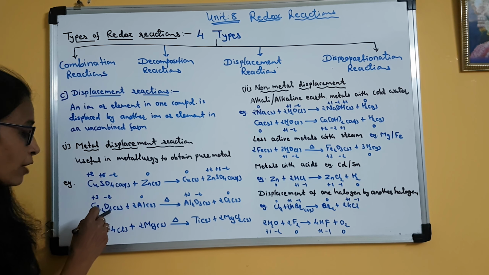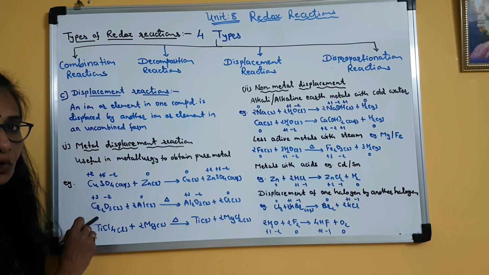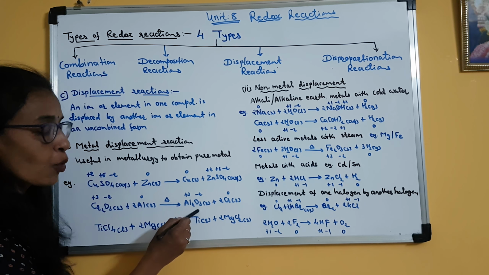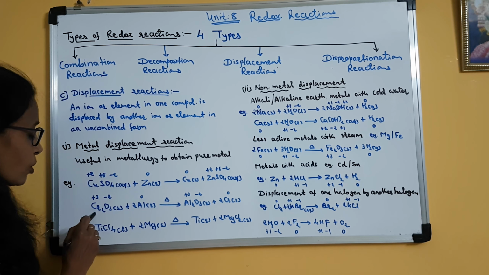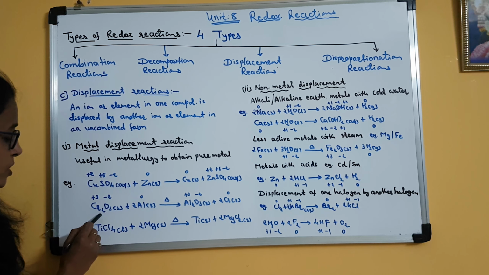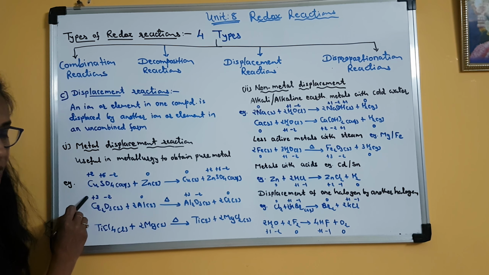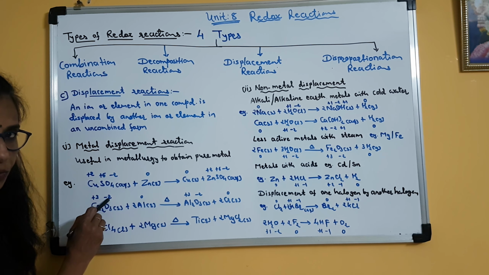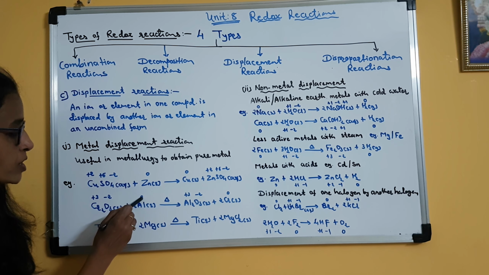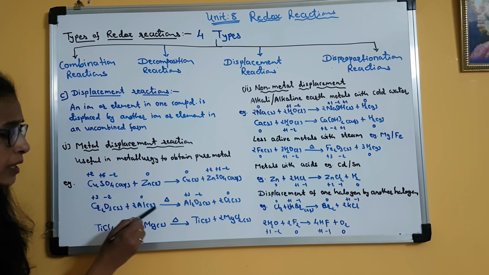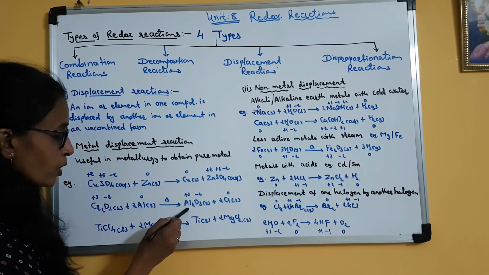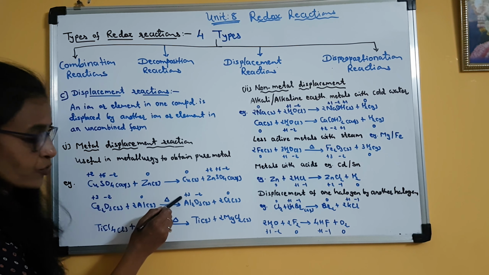Aluminium has more affinity for oxygen compared to chromium. So aluminium will combine with oxygen and form its own oxide and chromium will be set free. Clear? In chromium oxide, chromium is in +3 oxidation state, oxygen -2. Aluminium is in uncombined, free form, so it is in 0 oxidation state. Clear? When this is heated, aluminium oxide is formed, in which aluminium is in +3 oxidation state.